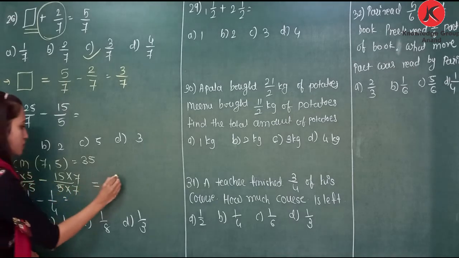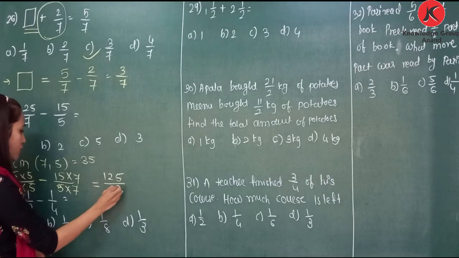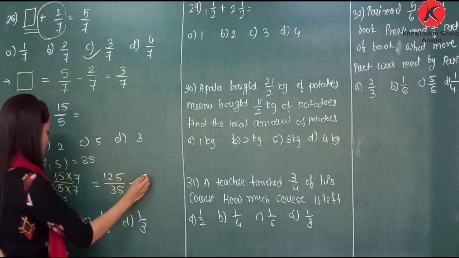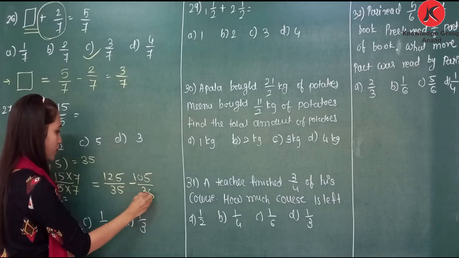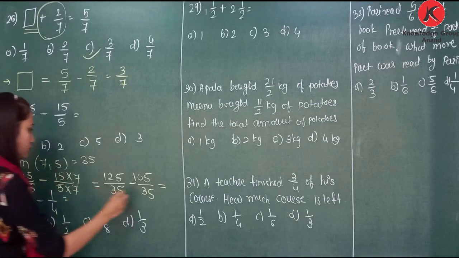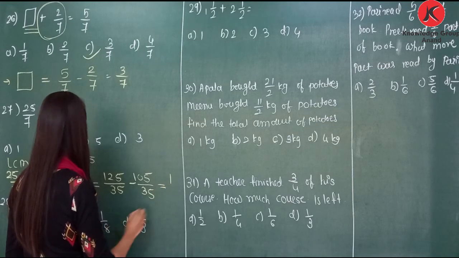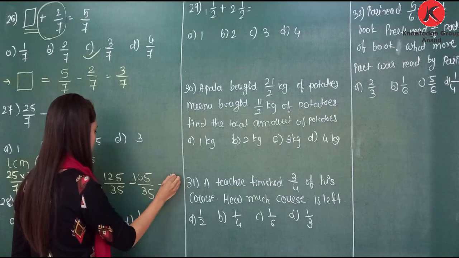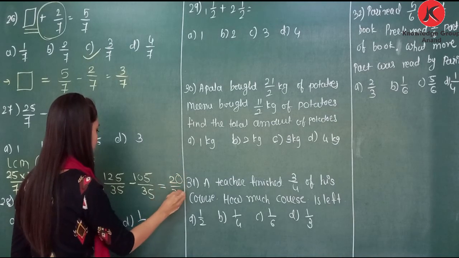So 125 by 35 minus 105 by 35. So we get 20 by 35.